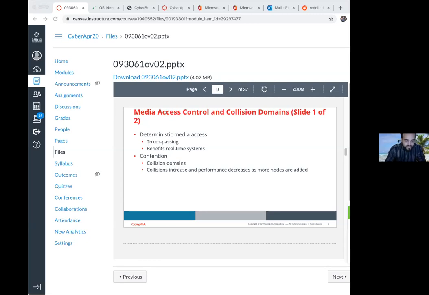When two of these nodes transmit at the same time, there is the possibility of a collision, and then they have to resend, which reduces our bandwidth. Even when they keep resending, there's potential for more collisions. So collisions increase and performance decreases as more nodes are added.